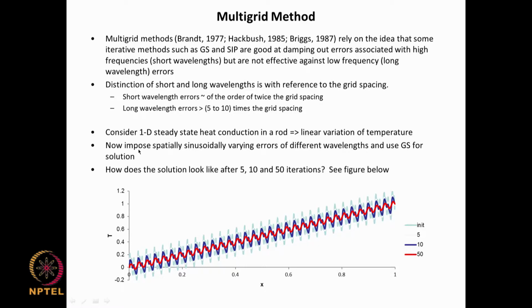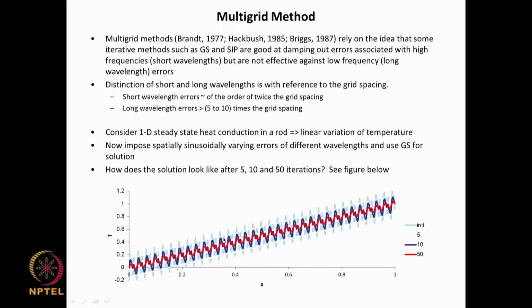So, we are considering a 1D steady state heat conduction with a linear variation, and on top of this linear variation we are adding certain error of different wavelengths. So, we are saying that T at any point is given by the linear variation between 0 and 1. For example, at midpoint x equal to 0.5, we expect T to be 0.5, but now we are saying that T is 0.5 plus a sin(x/lambda 1) plus b times sin(x/lambda 2), like that.